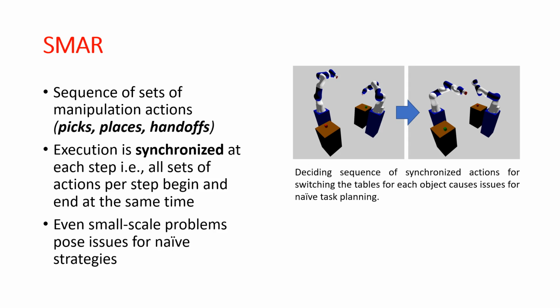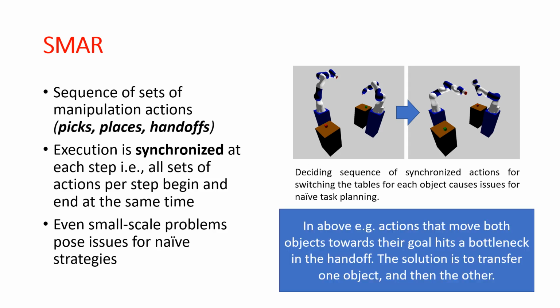And I would like to point out that the class of problems represented in this work, even for very small problem instances, is not trivial, as can be seen in the figure on the top right. In this situation, the problem involves the task of just switching the objects on the tables. And it turns out that if you do this greedily, so that both robots go to pick up the corresponding objects in front of them, then there is no next action that makes progress in the task, because a handoff is no longer possible.